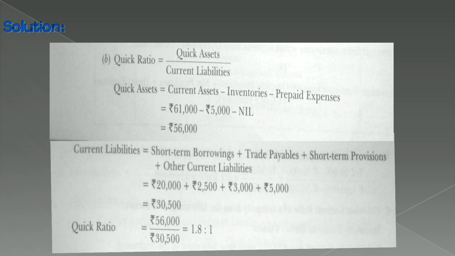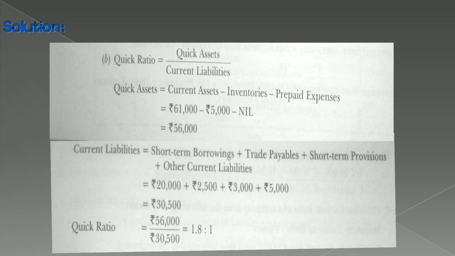Okay. So let me complete. Current assets is used here only to find out the value of quick asset, which is also known as liquid assets. So current assets minus inventory minus prepaid expenses. Here we have found the value of quick assets. Current liabilities as it was previously calculated. So quick ratio's value is 1.8 is to 1.